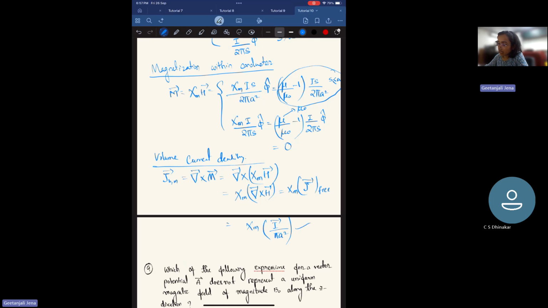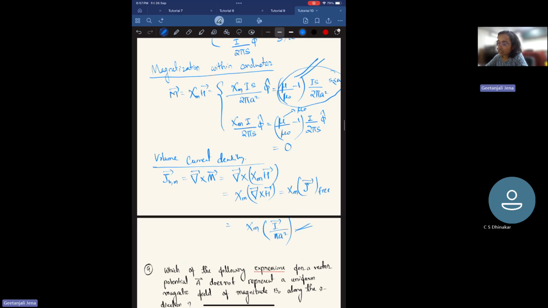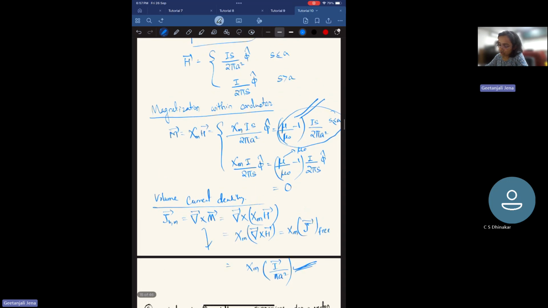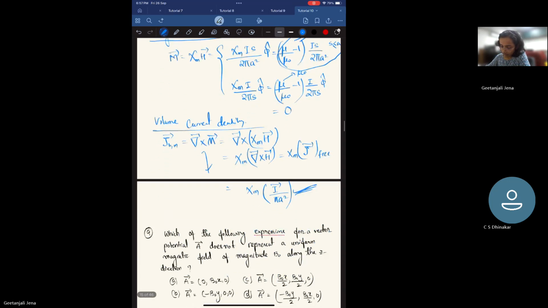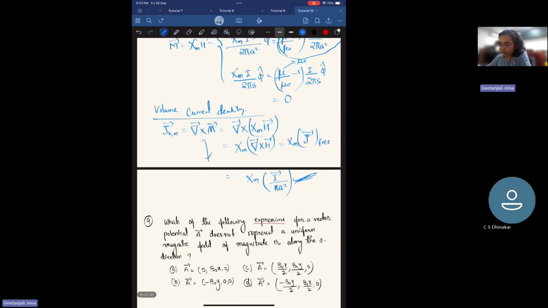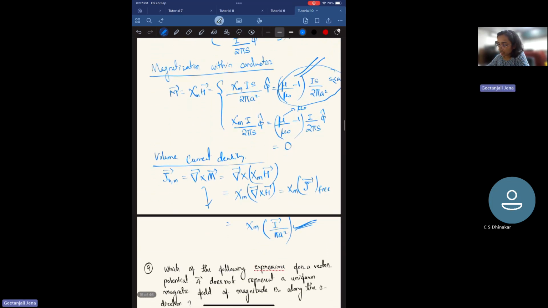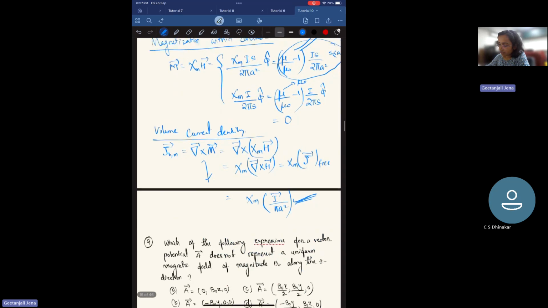So you will get the same answer if you take this expression and put it in the curl expression, and the answer will be same. But for this approach, it will take few minutes to find out the answer. Okay. So this is about the volume bound current density.